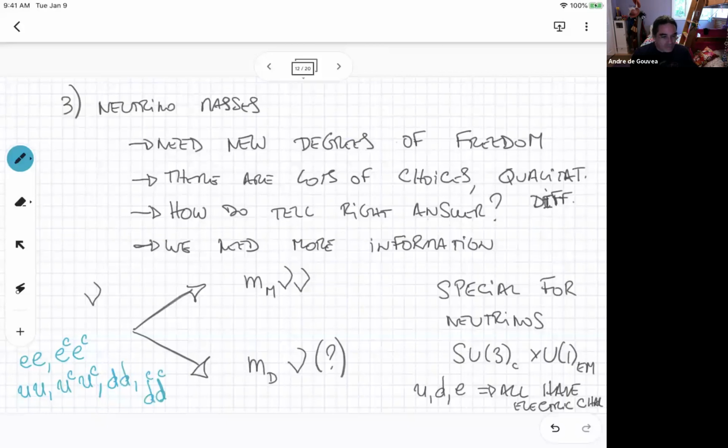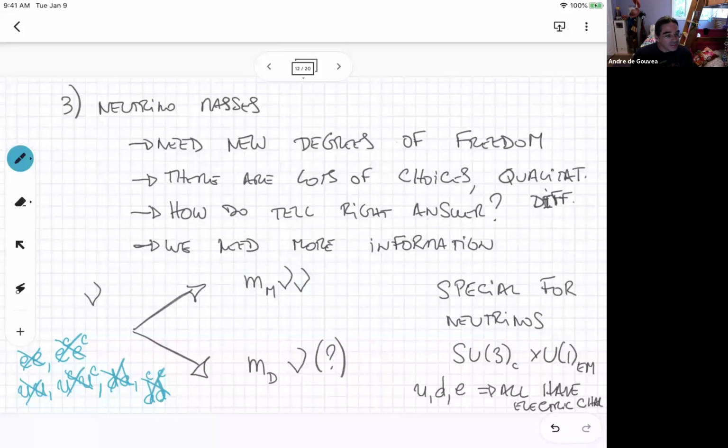And they are all disallowed by U(1) electromagnetism. So this object here has charge -2, it's not allowed. Charge +2, it's not allowed. Charge 4/3, -4/3, -2/3, +2/3, and none of these are allowed. Okay, so just even in the broken phase, the electron, the up quark, and the down quark cannot have Majorana masses, period, because that violates conservation of charge.